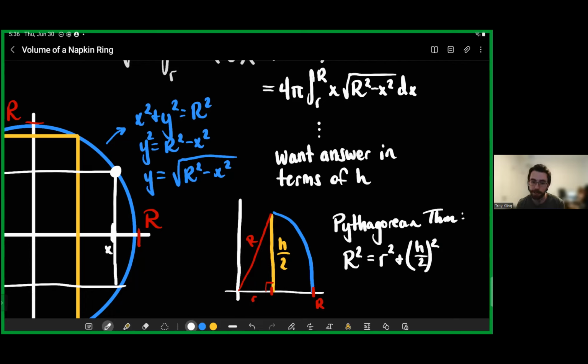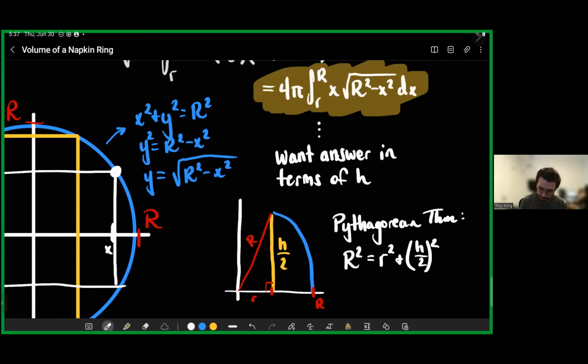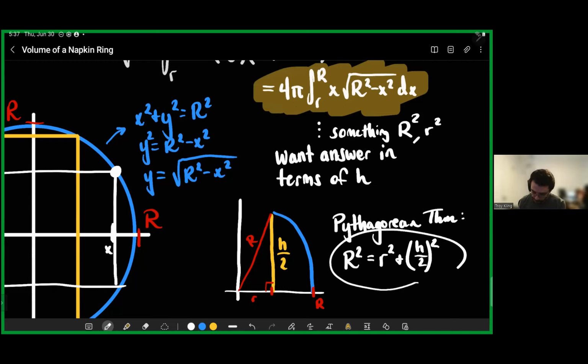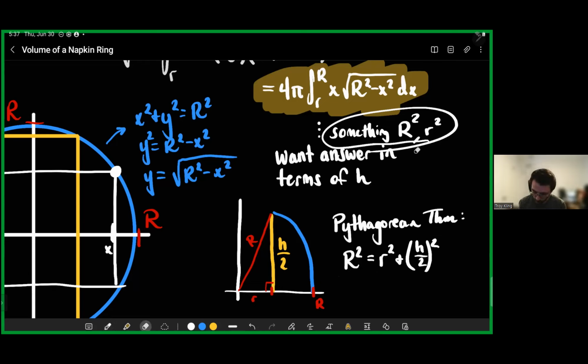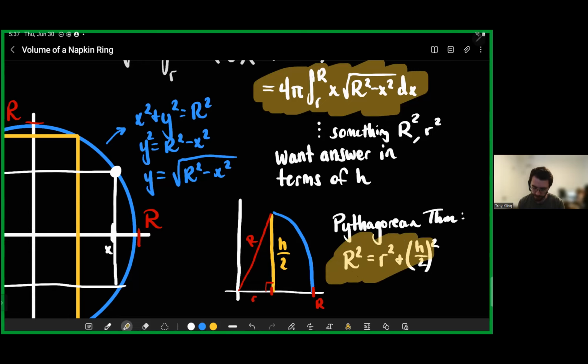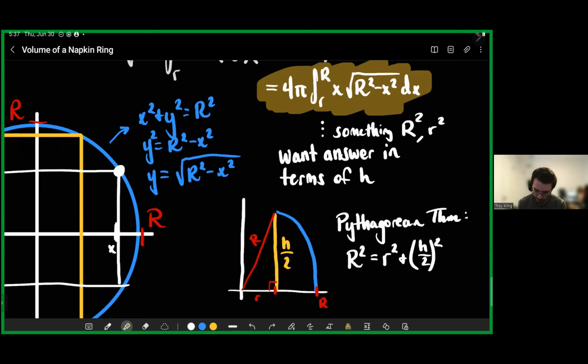Obviously, I'm not showing how it fits into the calculation, but I promise that if you actually go through and figure out this integral, you'll get some expression that involves maybe a little r squared, something like that. And using this relationship, you should be able to translate this answer that you got exclusively in terms of h. You just have to make use of this nice fact. So doing that should get you the right answer. It's mostly algebra at that point.